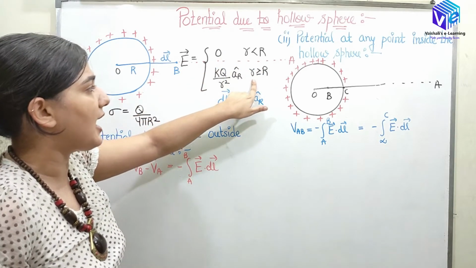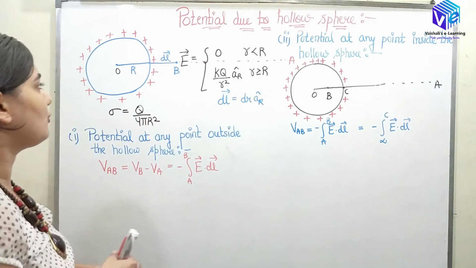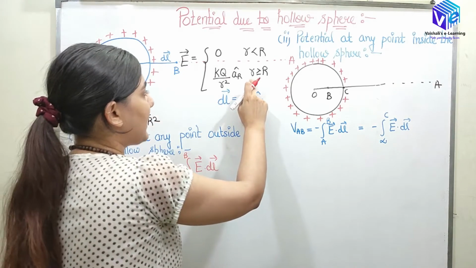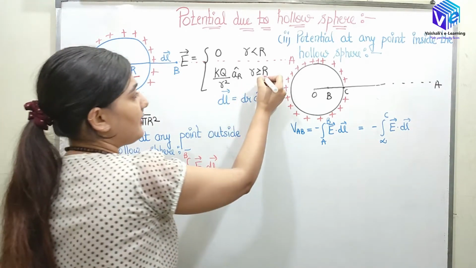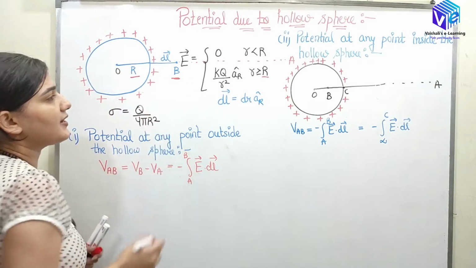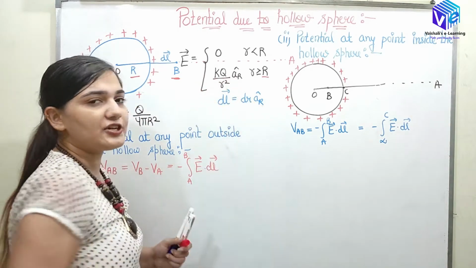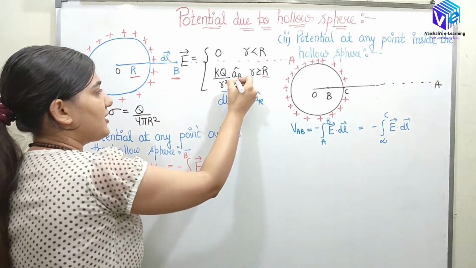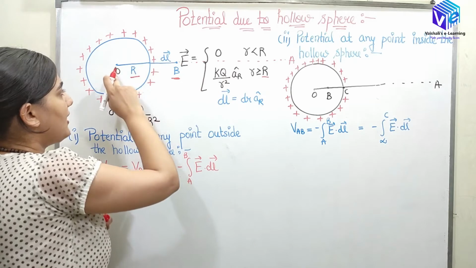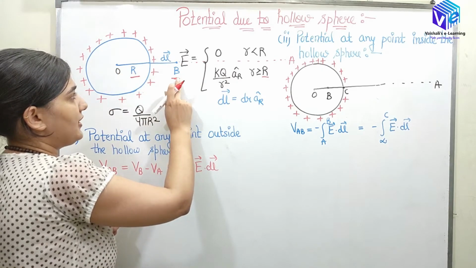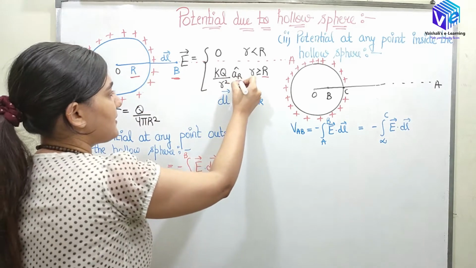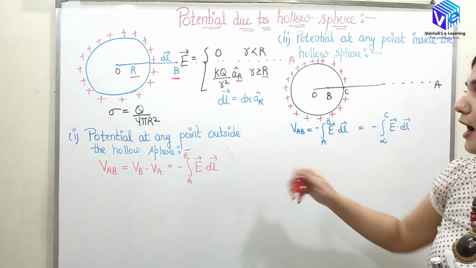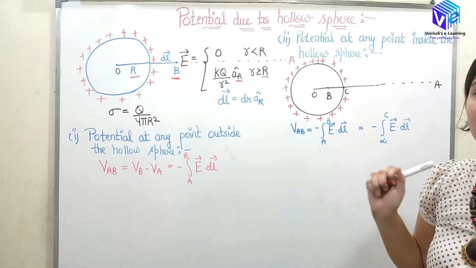At any point r which is greater than the radius, where the radius is capital R, the electric field is given by kQ upon r square, and the direction will be along the line joining the center and the given point. Here it is represented as a_r unit vector. I hope you now understood how I represented the electric field.